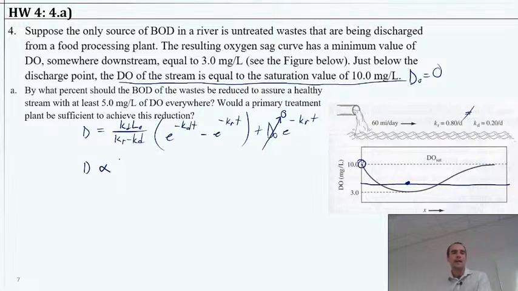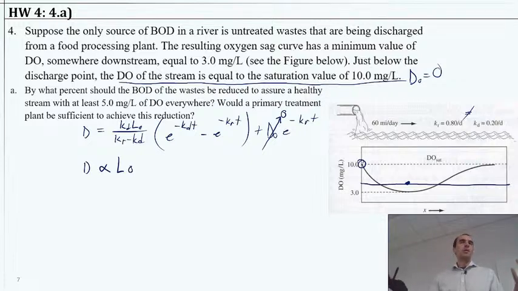So D then is directly proportional to L naught because of that little simplification that we were able to find. So that means it's quite handy if we know that, and this equation, by the way, is the deficit at some time, so we can say the deficit at however much time it takes to get to our minimum.